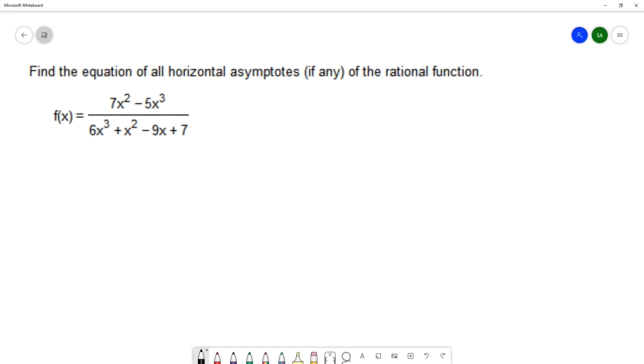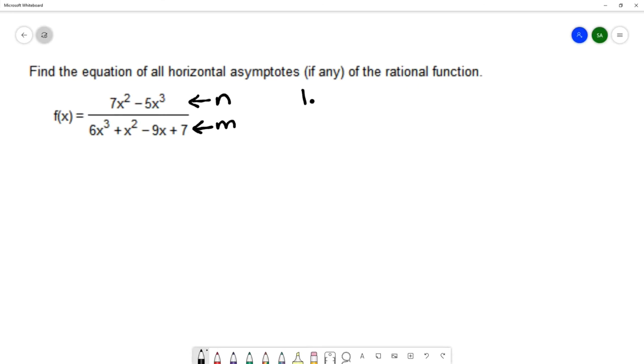So what we're going to do is identify the degree of the numerator, which is n, and the degree of the denominator, which is m, and compare those numbers to each other. And that's going to give us the 4 cases.